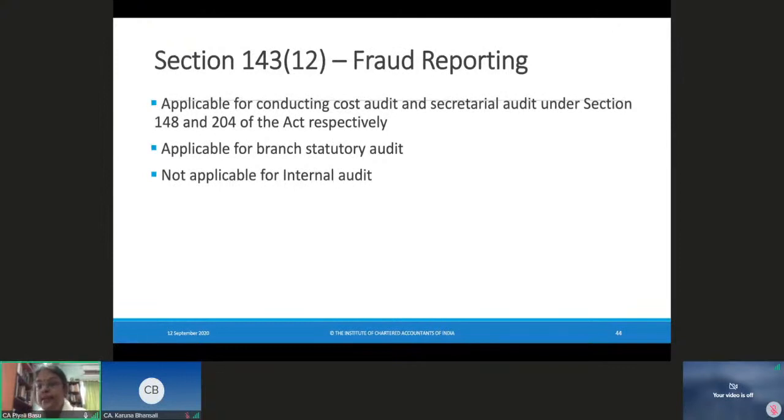Now, the word used about fraud is suspected: the auditor has reason to believe, has knowledge, and suspects an offence involving fraud. There are certain things you must understand about reason to believe, knowledge, and suspected offence involving fraud. Suspicion is basically a state of mind, so suspicion is not adequate.